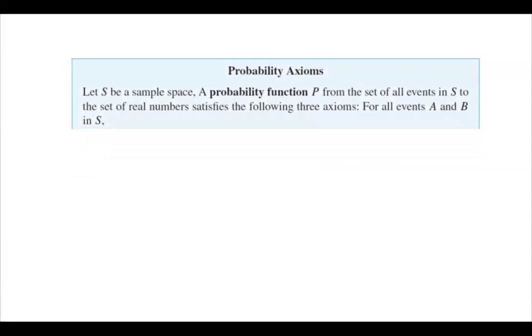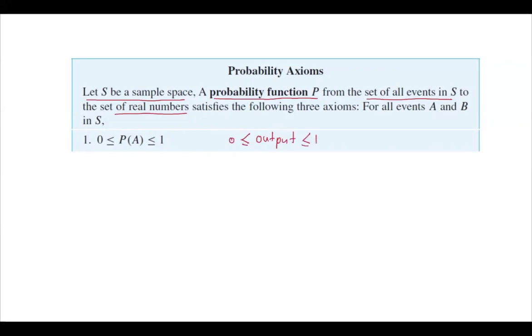We have some axioms for the probability function. If S is a sample space, a probability is a function P from the set of all events in S to the set of all real numbers that has the following axioms. That function always has an output which is bounded between 0 and 1 inclusive.